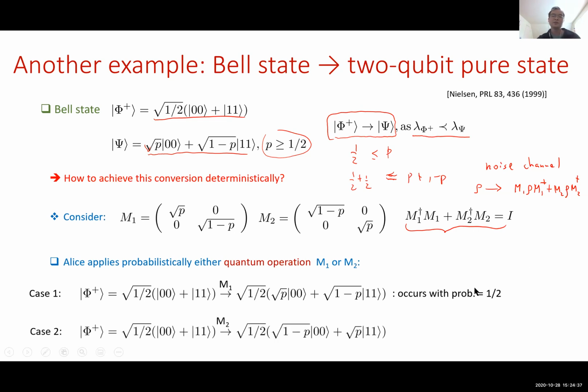In order to conserve the probability, there is the other half that would be this M2, right? So when you apply the M2, the state is slightly different. It's square root 1 minus p 00 plus square root p times state 11, which is not what we want, right?